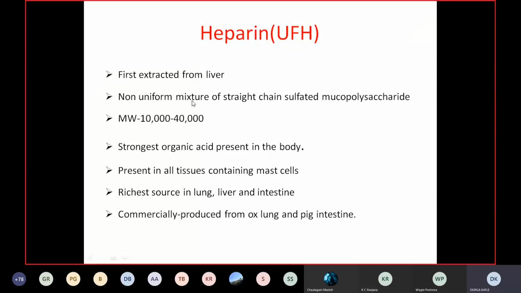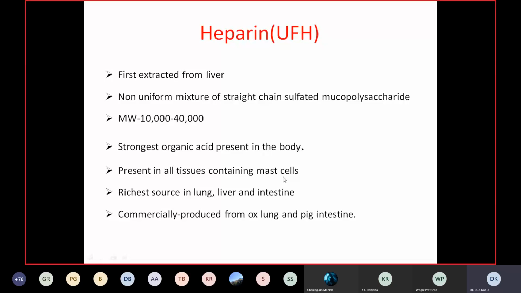It is a non-uniform mixture of straight chain sulfated mucopolysaccharides. So it is a long chain polysaccharide having a high molecular weight, around 10,000 to 40,000. It has a high molecular weight, so it is a heavy compound. It is the strongest organic acid present in the body. Heparin is present in many cells and tissues of our body that contain mast cells, along with histamine.